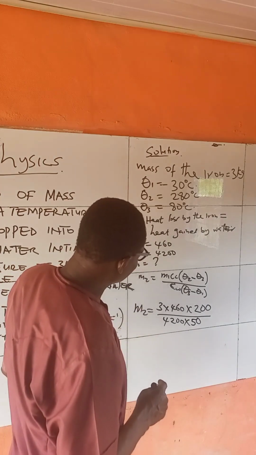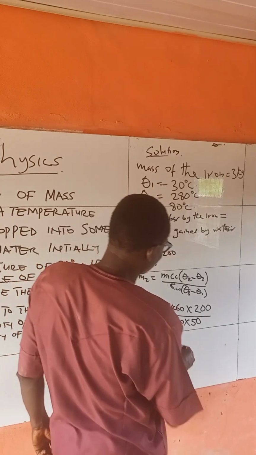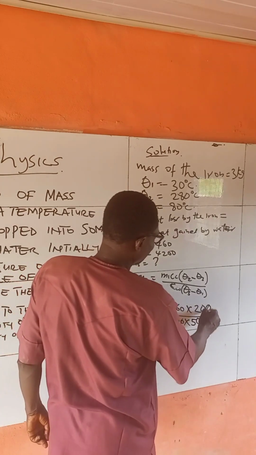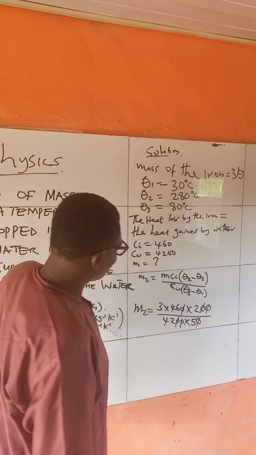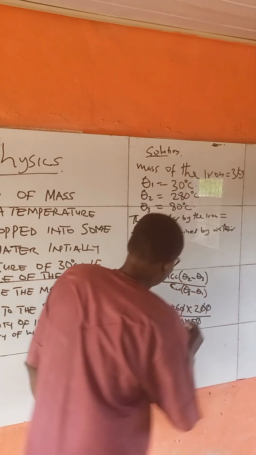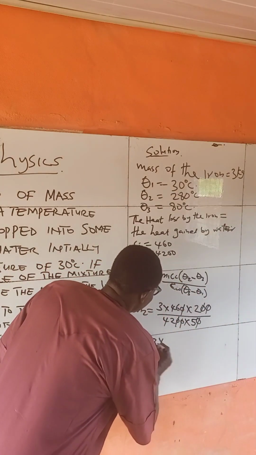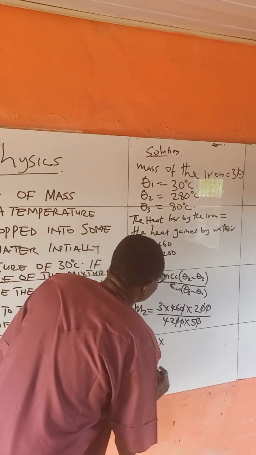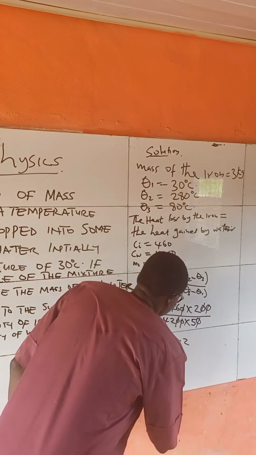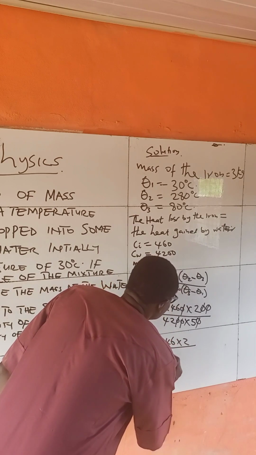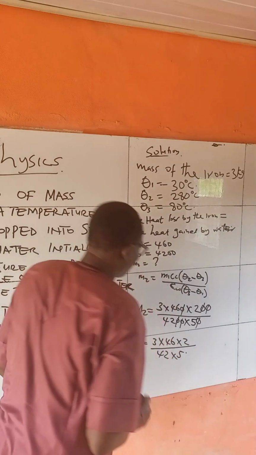If you look at it that way, we can cancel out some terms. This gives us M2 equals 3 times 46 times 2 all over 42 times 5.